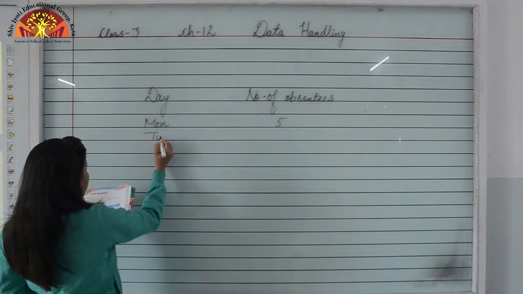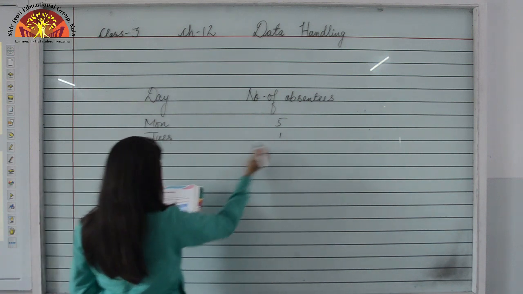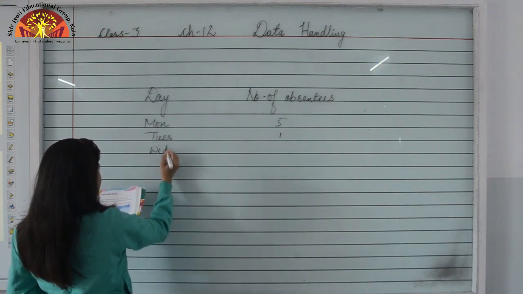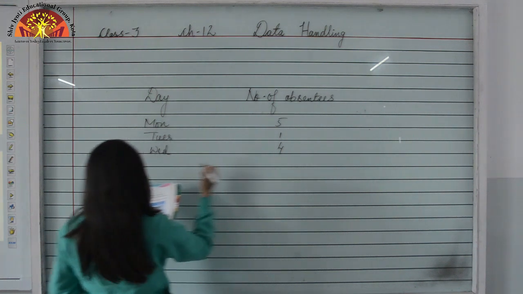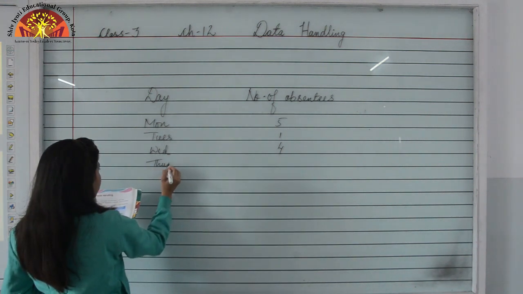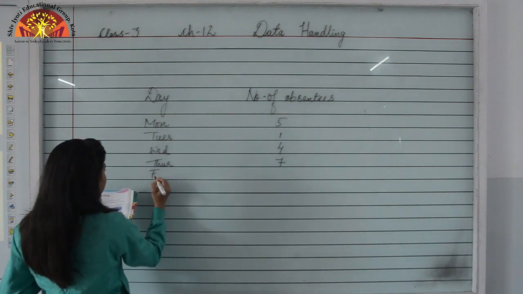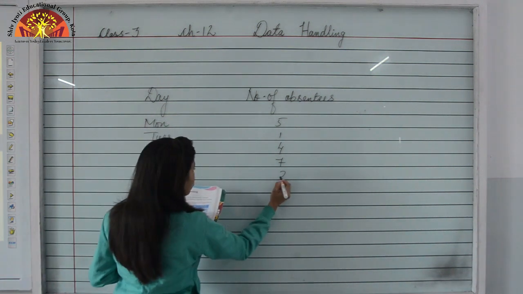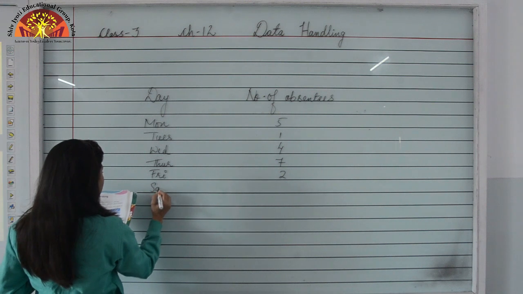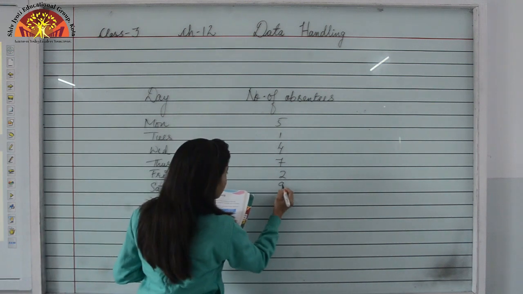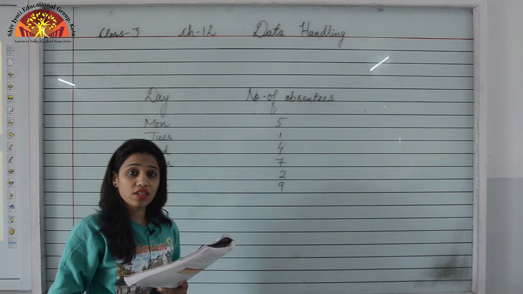On Tuesday, number of absentees are 1. On Wednesday, it is 4. On Thursday, it is 7. On Friday, it is 2. On Saturday, it is 9. Now this is random information which is given to us.